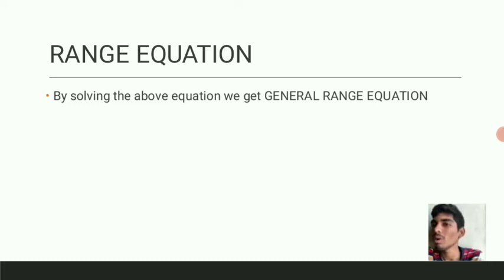Next, by solving the above equation, we can get the general range equation.